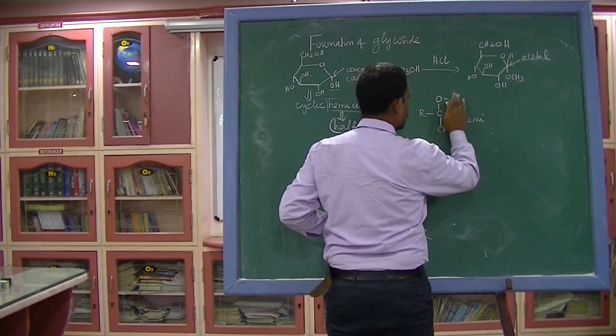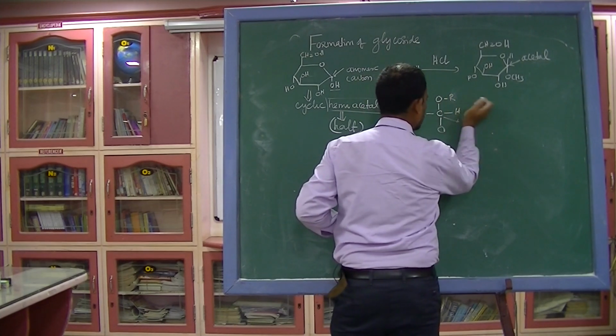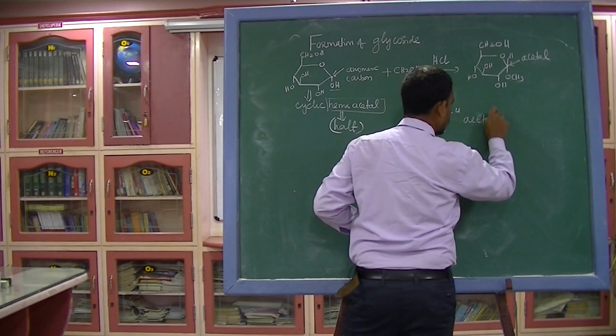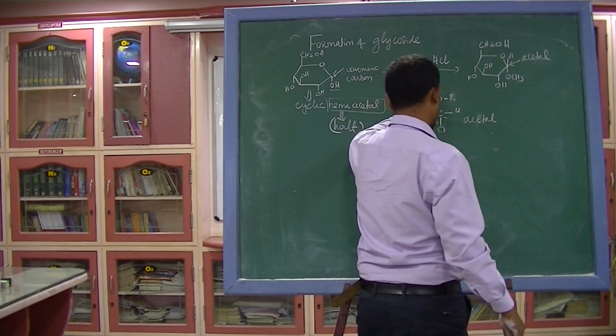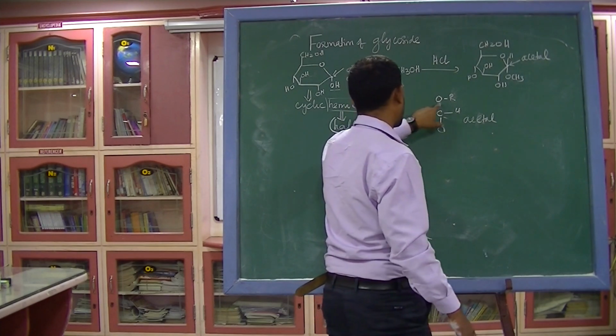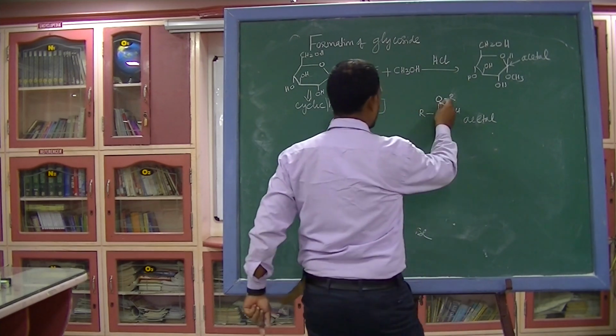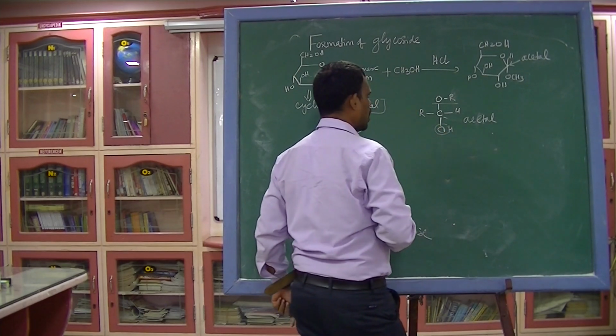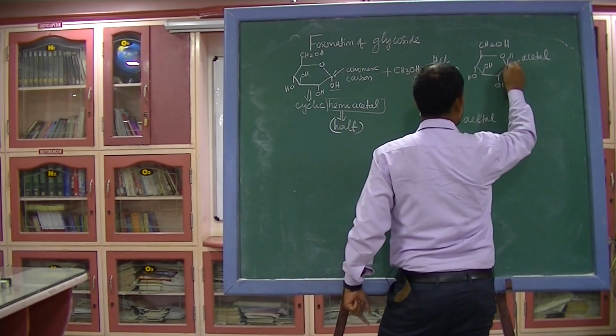Instead of OH, if you have OR, that is nothing but acetal. That we have already discussed in carbonyl compounds. So both oxygens are on the same carbon, one OR and one ring oxygen. So this carbon is an acetal.